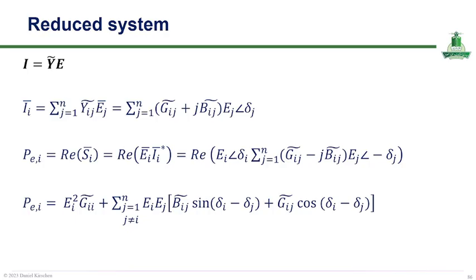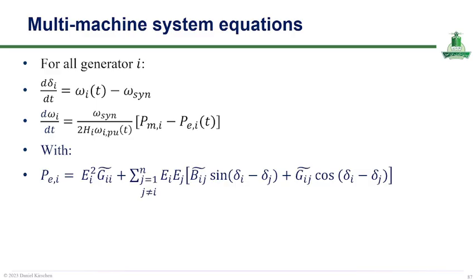Okay, this slide introduces the dynamic equations governing a multi-machine power system. For each generator, the rotor angle dynamics are described by the difference between the machine angular speed and the synchronous speed, indicating how the rotor position evolves over time.